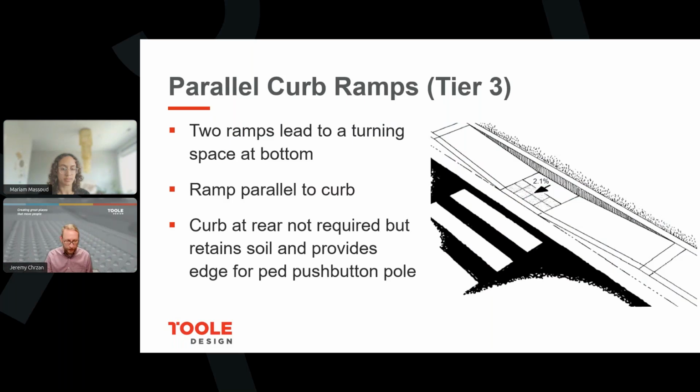And then any push buttons that are located would be located adjacent to this landing, not at the tops of any of these ramps, because essentially a person who wants to proceed along this crossing would want to be waiting at the landing at the base of the parallel style ramp.